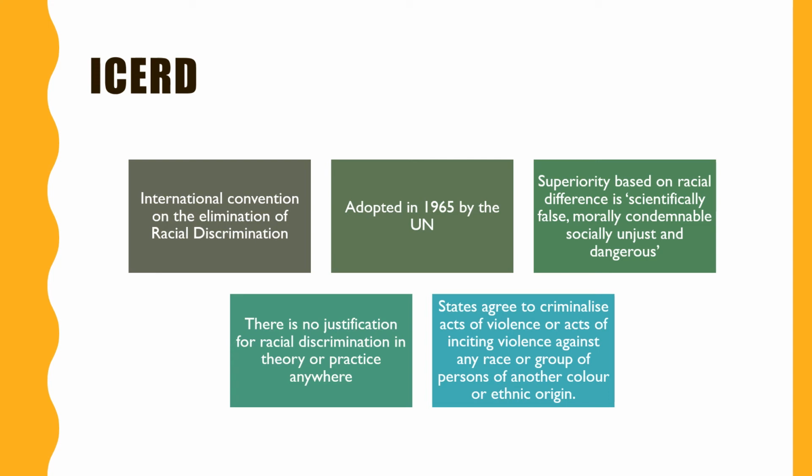In part, it says that superiority based on racial difference is scientifically false, morally condemnable, socially unjust, and dangerous. It also says there is no justification for racial discrimination in theory or practice anywhere. And it says that states agree to criminalise acts of violence or acts of inciting violence against any race or group of persons of another colour or ethnic origin.